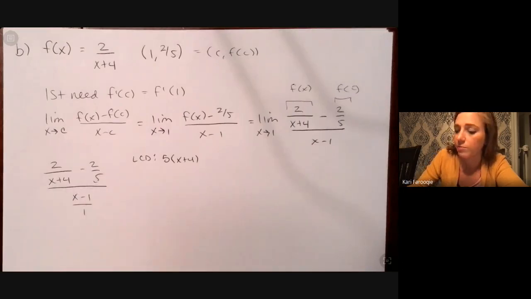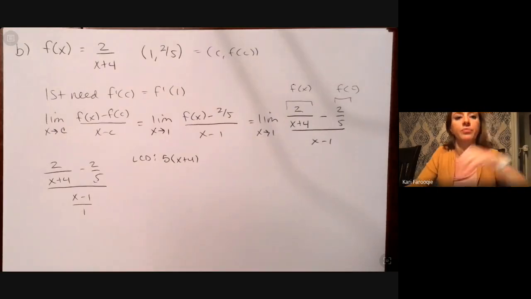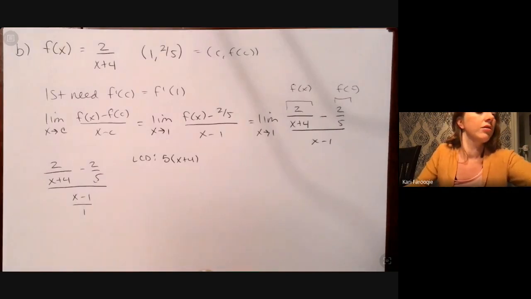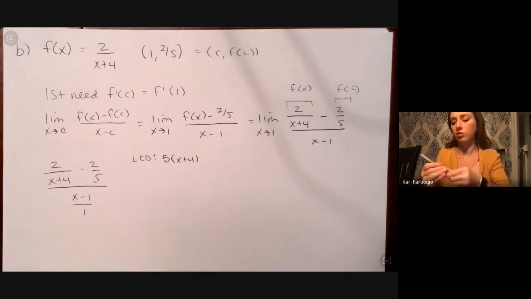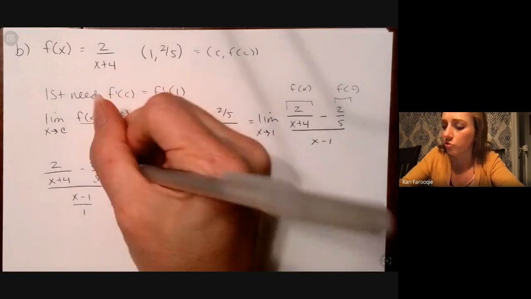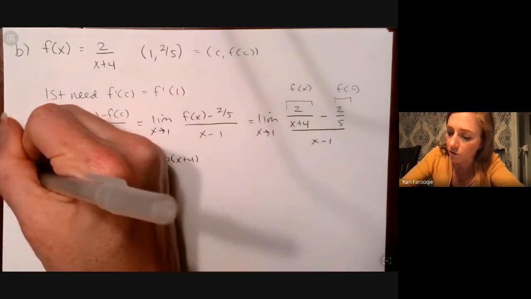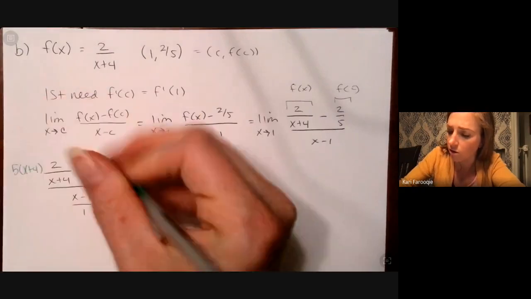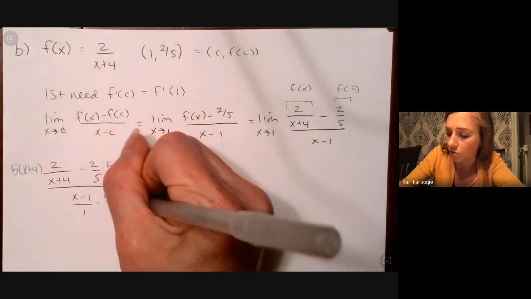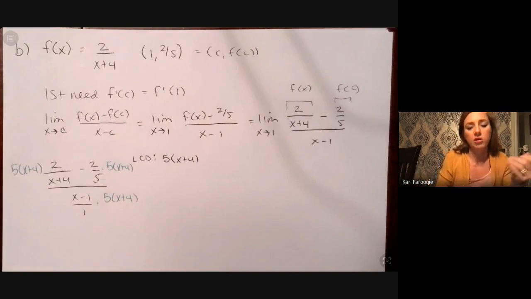Who cares about the 1? Your LCD is 5 times x plus 4. We're going to multiply each term by your LCD. In order to do that, I like to do this in a different color. Let's see if it shows up. 5 times x plus 4, 5 times x plus 4, 5 times x plus 4. Every term gets multiplied by the LCD.